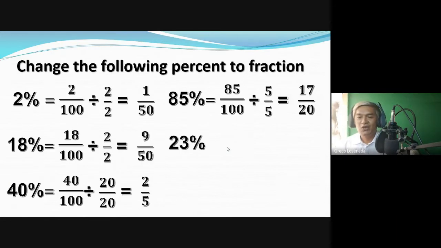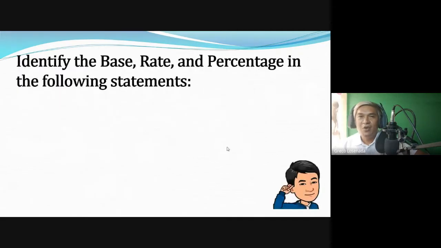The last is 23%, giving us 23 hundredths, which is already in lowest term because 23 and 100 are relatively prime. This time, we are going to identify the base, rate, percentage in the following statement.